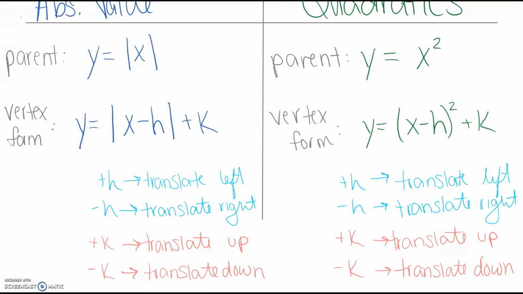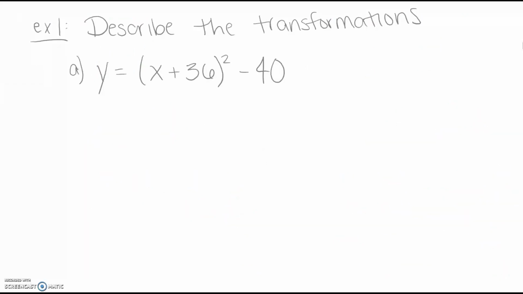So we're going to do 3 different kinds of examples today. First example is just describing the transformations. So I could give you an example like this, where I say y equals (x plus 36) squared minus 40. And you just have to describe the transformations. These are usually going to be worth 1 or 2 points. And 1 point is using the important vocab, and that's translate. So we need to write that we're translating.